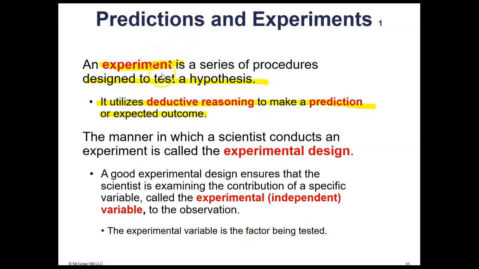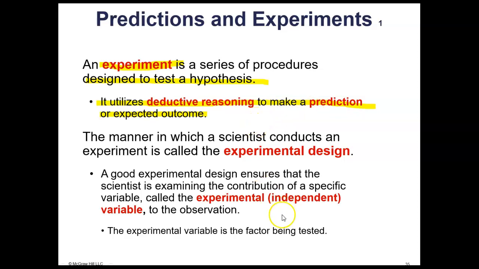All right. An experiment is the series of procedures that are designed to test your hypothesis. And to design your experiment, you use deductive reasoning after you've designed your experiment to make a prediction of the expected outcome.